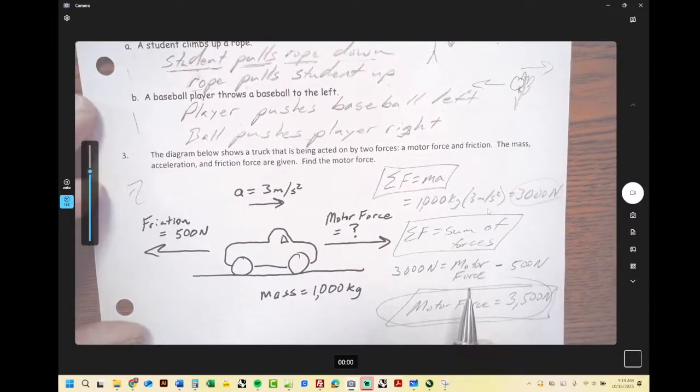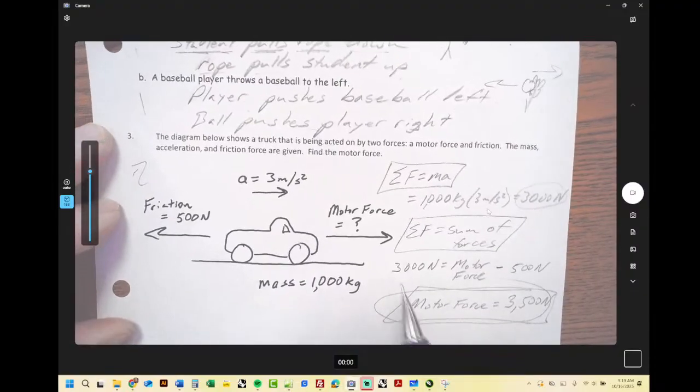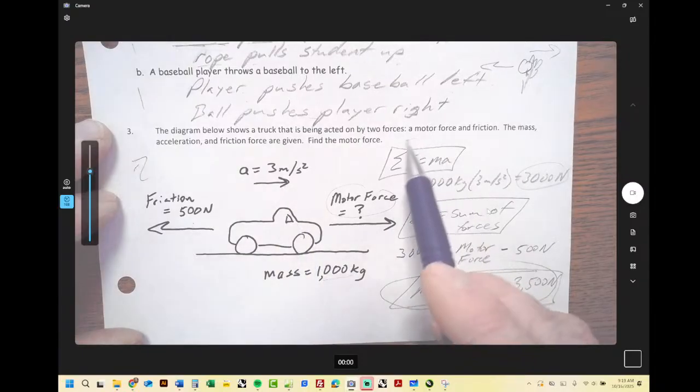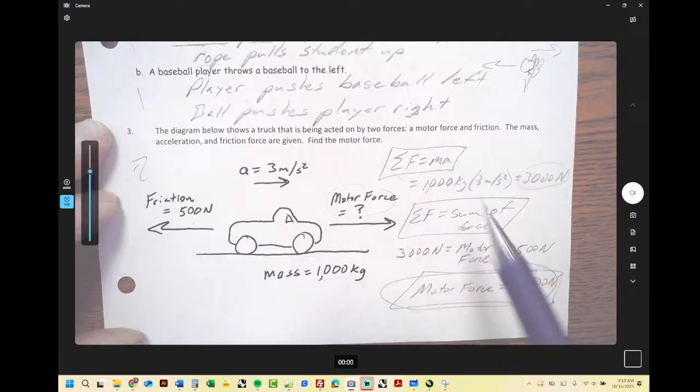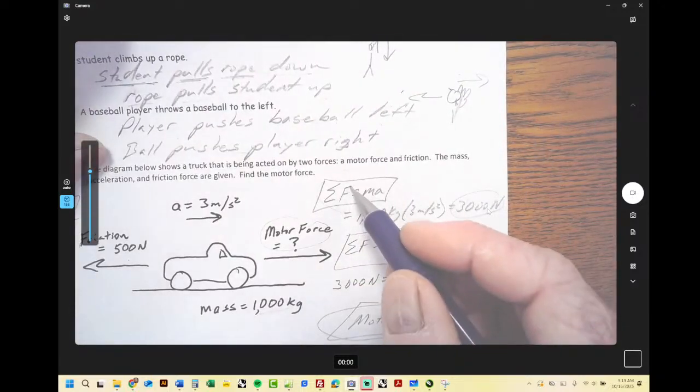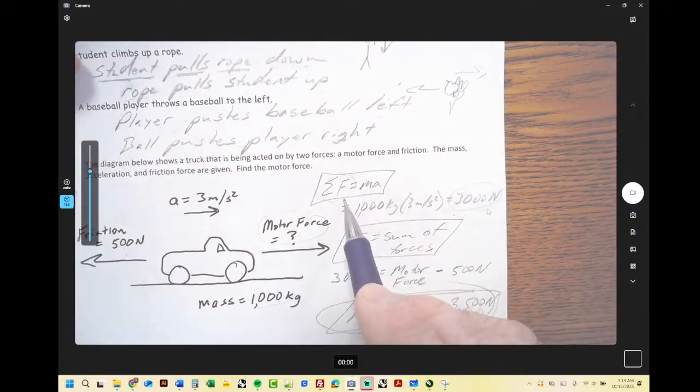Now we get into the trickier ones, the problems. There's this truck, and you're given some forces. You're supposed to figure out the motor force. You've got the mass. You've got the acceleration. You've got friction. I'm using F equals ma here, but what I'm trying to find is the net force.